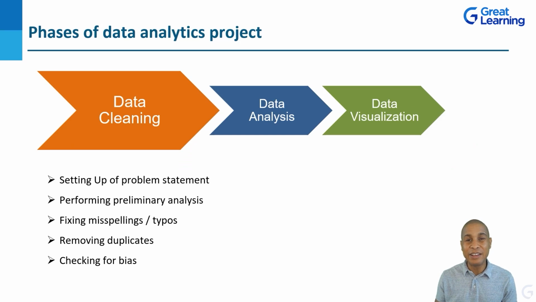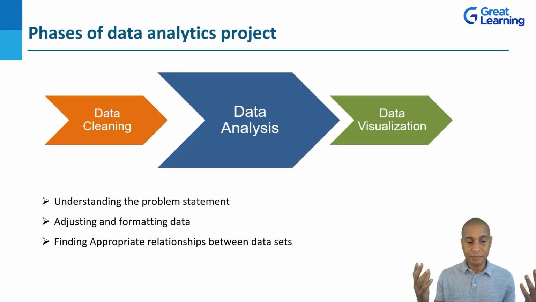So data cleaning is usually where you're going to spend the most of your time. So you're setting up your problem statement, performing preliminary analysis, fixing misspellings or character issues, removing duplicates, and checking for bias. So once you have that set up, then you move over to your analysis.